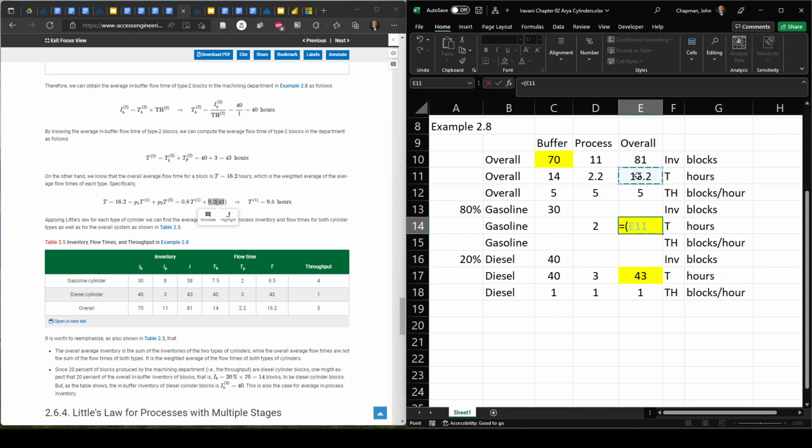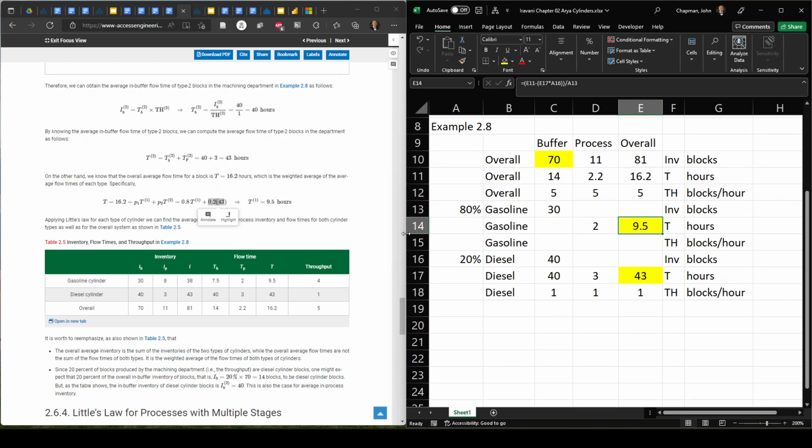We take the 16.2 and subtract the 43 times the 20% here, all divided by the 80%. That gives us a flow time of 9.5 hours for the gasoline block.